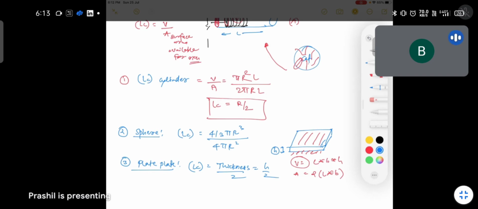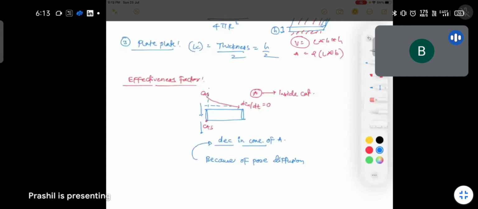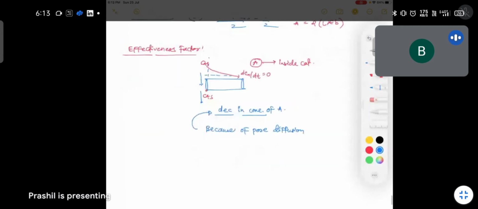Suppose there is no pore diffusion, right? If there is no pore diffusion, then your concentration will be the same as surface concentration. Suppose your pore size is small, or you could say there is no diffusion, directly there is air flowing, and here surface concentration is CAS.